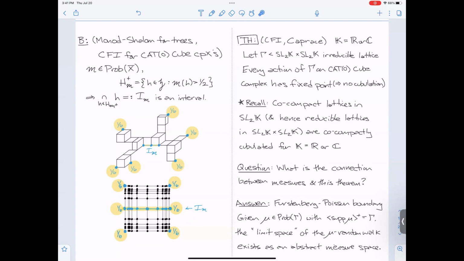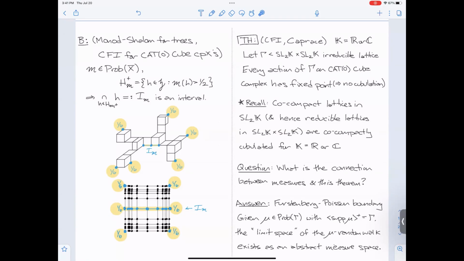So using this, we were able to show with Chatterji and Iozzi, and then also with an appendix by Caprace, that if you have an irreducible lattice in a product of SL2(K), where K is R or C, such as an irreducible lattice in the product of the hyperbolic plane with itself, or the isometry group of that with itself, or hyperbolic free space with itself, then every action on a finite dimensional CAT(0) cube complex, independent of whether it is locally compact or not, must have a fixed point.